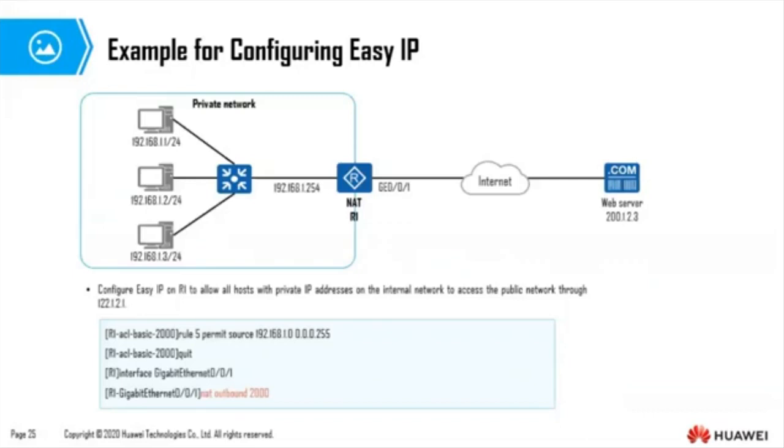We have what we call well-known port numbers that are used by protocols from number 1 to 1024. For example, FTP uses TCP port 20 and port 21. All the way from 1 to 1024, they are used for the open protocols.